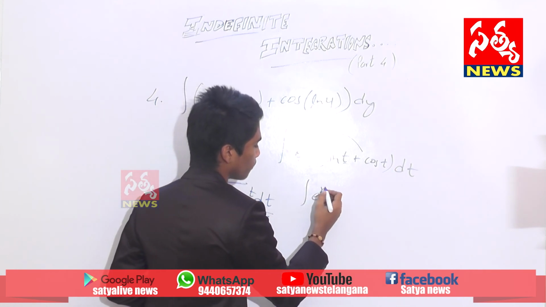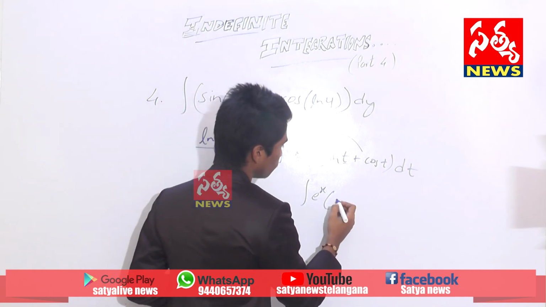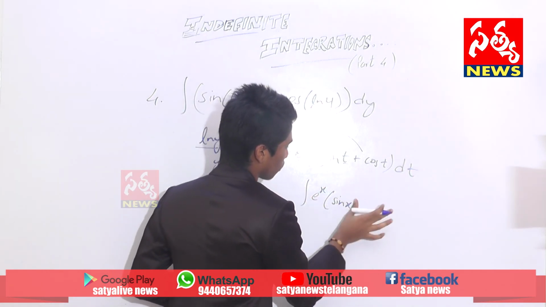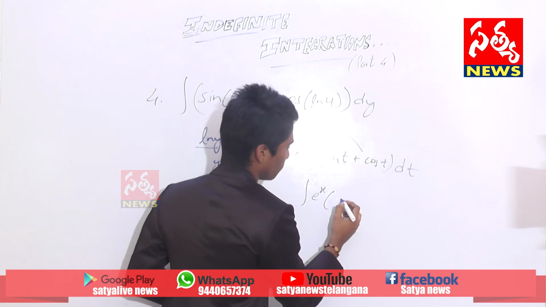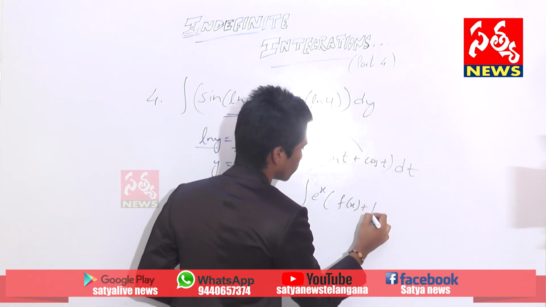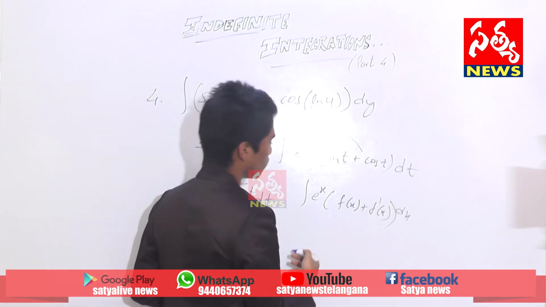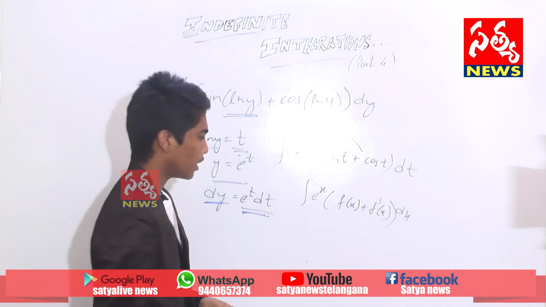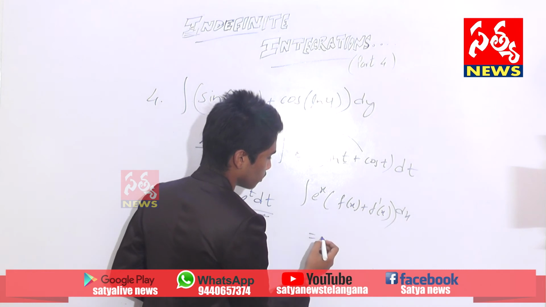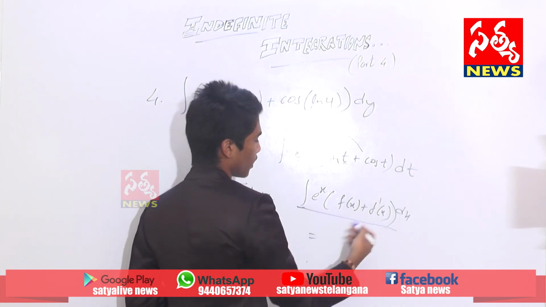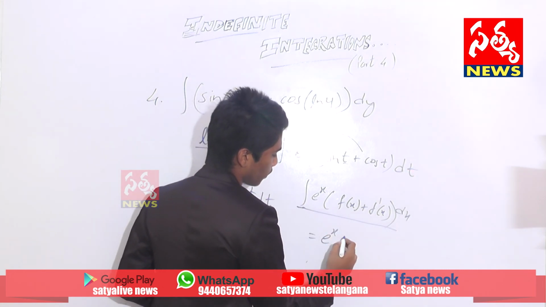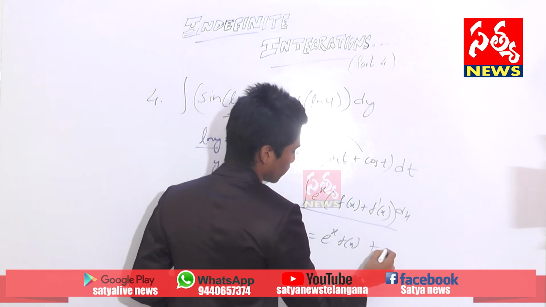If anything is given like e power x into f of x plus f dash of x dx, then you can directly write the integration, and the final answer would be e power x into f of x plus c.